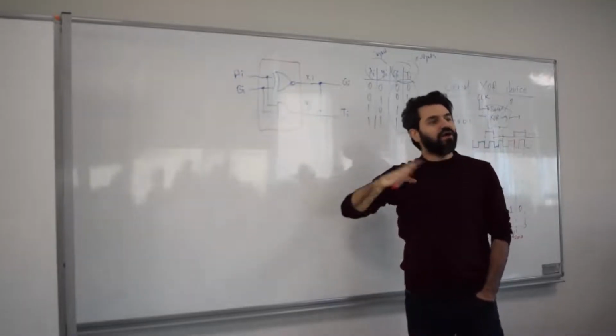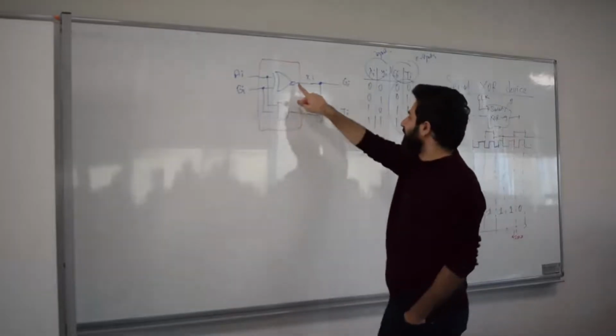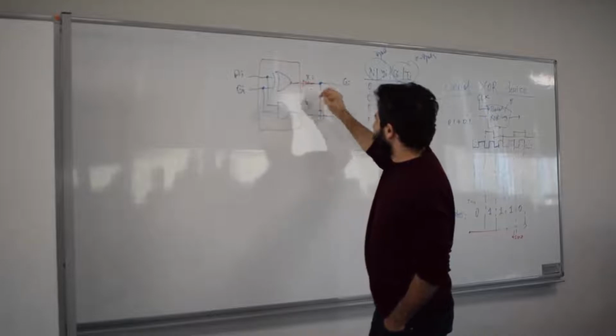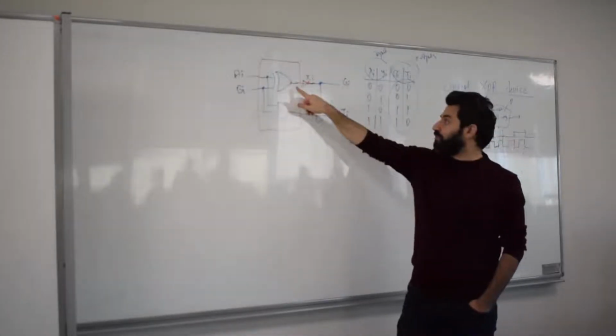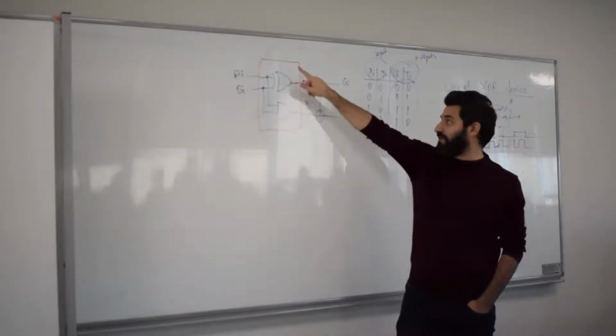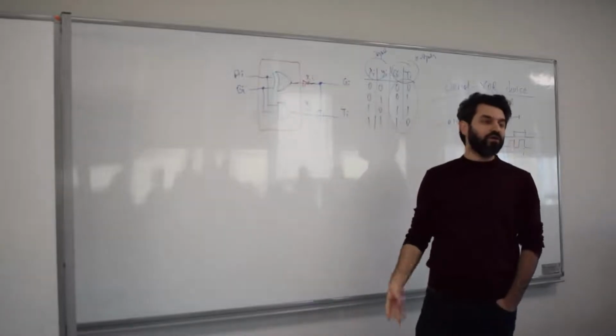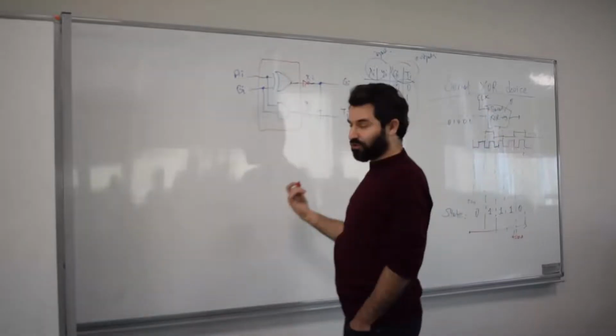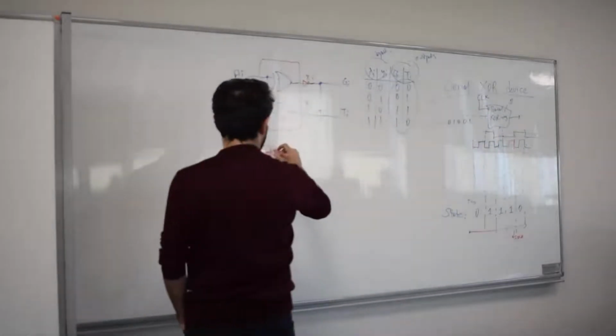But it is close to an XOR. If you draw an extra NOT gate outside of this box, then this would be a half adder. And we know that a half adder is not a reversible gate. To prove it, you can use a truth table. That means AI, BI.